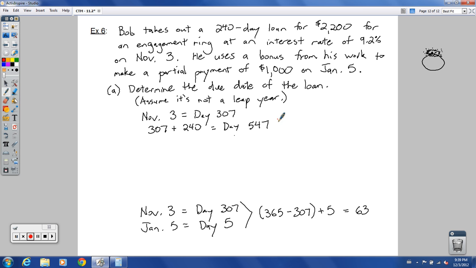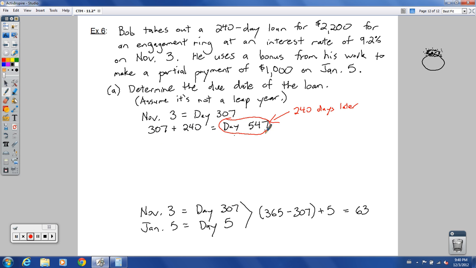Let's put this in a different color here. This is 240 days later. So 240 days after day 307, after November 3rd. But we need to know what day of the year is that. So we need to think, okay, take this, it's more than a year, so this is kind of like a little throwback to our last chapter with the modulus.